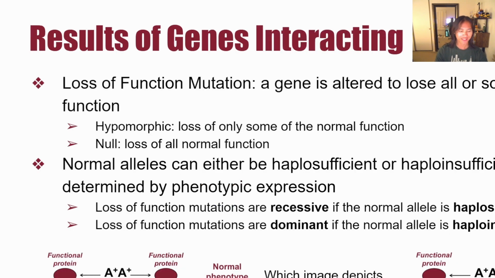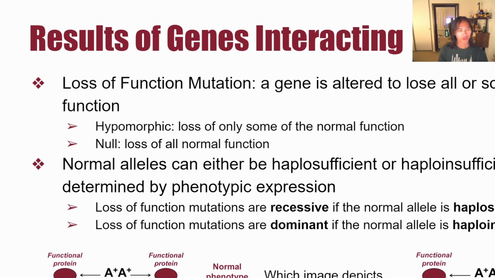Now, in some cases, the alteration or mutation of genes will cause the loss of some or all of its normal function. Hypomorphic loss of function mutations are those that lose only some of the normal function, while null loss of function mutations are cases where there's a loss of all of the normal function, right?